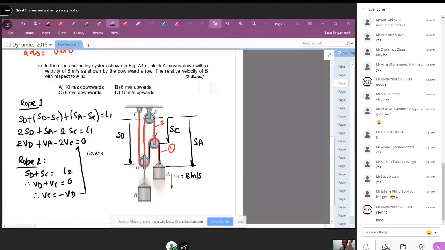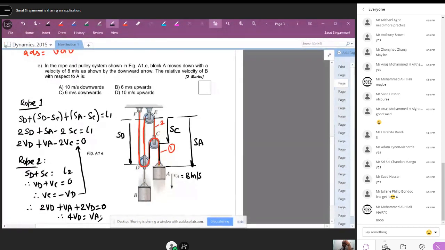Substitute this in this equation, we will get 2VD plus VA minus 2 times minus VD, which is plus 2VD equal to 0. Therefore, 4 velocity of D equal to velocity of A.